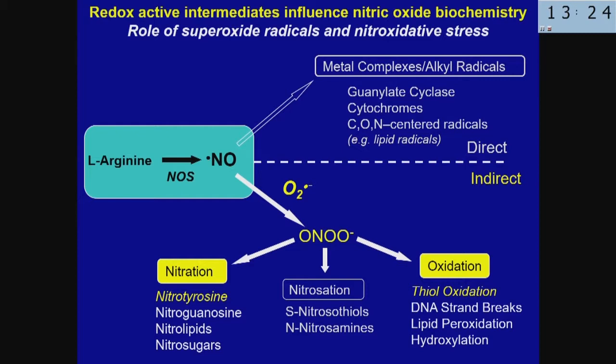It regulates the biological half-life of NO and leads to the formation of a potent and rather unusual peroxide, peroxynitrite anion, that has a pKa around 6.8, meaning that under physiological conditions, both peroxynitrite anion and peroxynitrous acid coexist. The chemistries of these two species are rather different, but they promote nitration, nitrosation to some extent, and to a large extent, oxidation reactions, and I have already talked about the formation of nitrotyrosine.